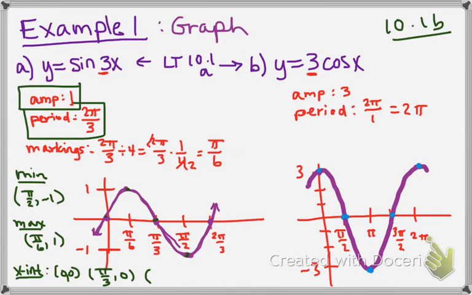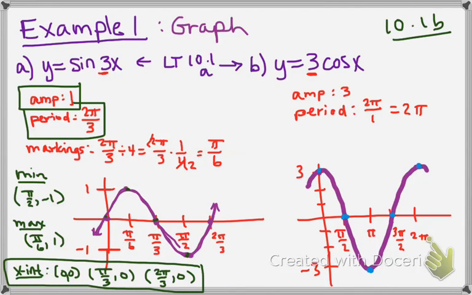And then the last x-intercept is at 2 pi over 3, 0. So the 5 things that they asked us to identify were the amplitude, the period, minimums, maximums, and x-intercepts. So again, amplitude and period, you're going to need to graph it, but then the rest you just pick off of the graph from there.